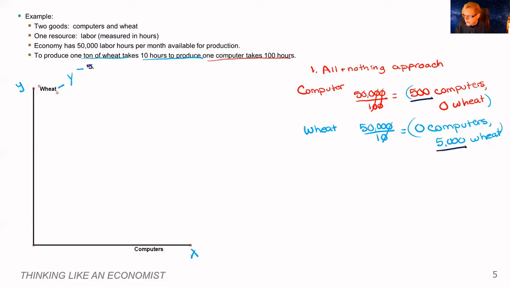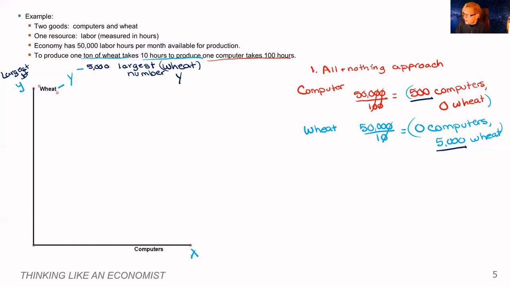Because 5,000 is the largest number that I have, and that signifies wheat, I'm going to put that largest number and its corresponding good on the y-axis. So the largest number, that's how you'll make sure you always get it correct, okay? So by default, then, computers are on the x-axis.